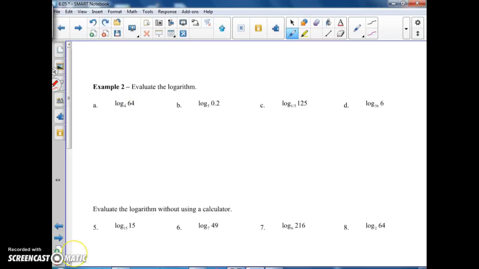Now they're asking you to evaluate this. Tell me what it equals. We have log base 4 of 64. Look how you're going to do this. You're going to set this equal to x. Now drop the log and make the switch.